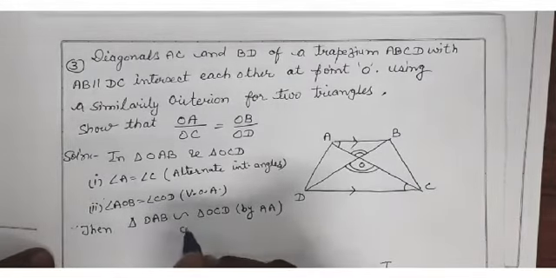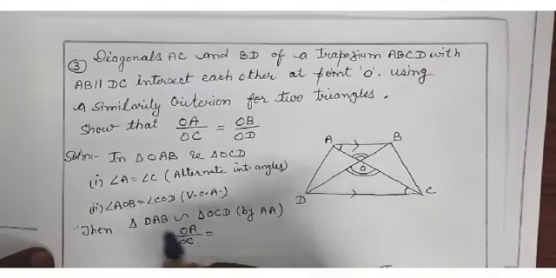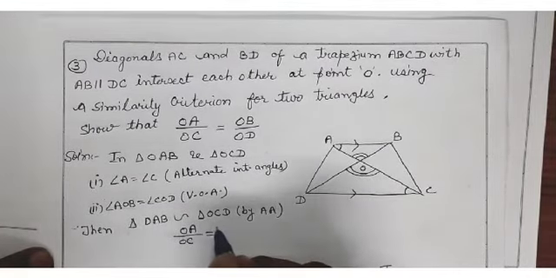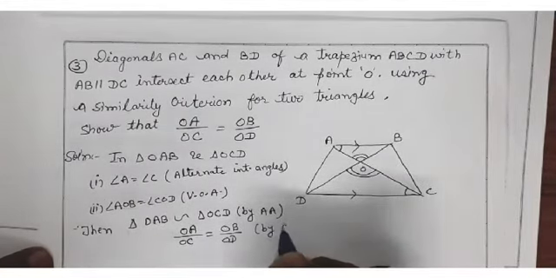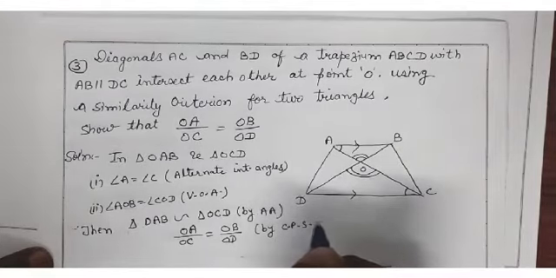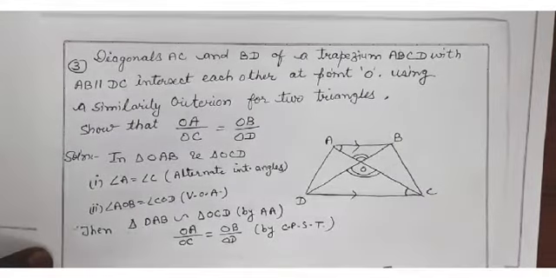OA upon OC, then its ratio should be equal. OA upon OC is equal to OB upon OD by CPST, corresponding parts of similar triangles.